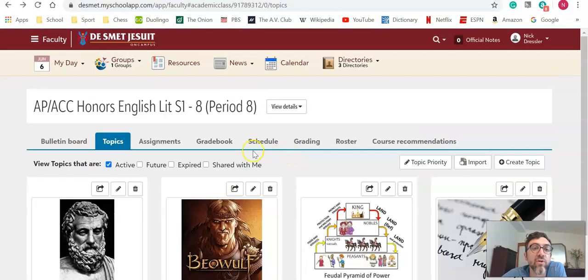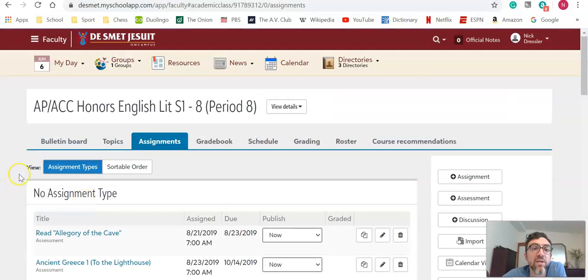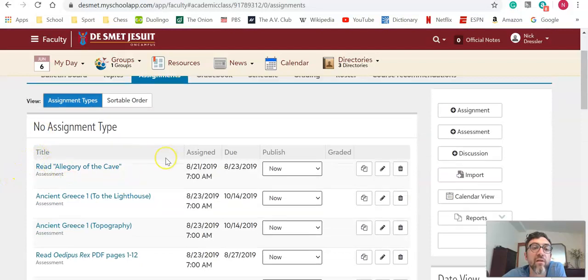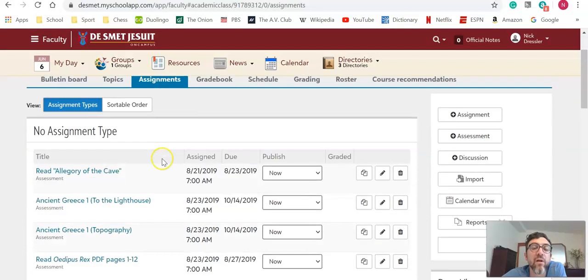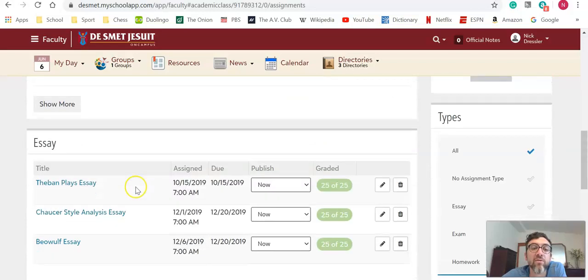And then if you go to assignments, I think this is a pretty good feature that the LMS has as well. As you go into assignments, you can see all the assignments that you have assigned, when they're due, and then you can actually sort it according to type.